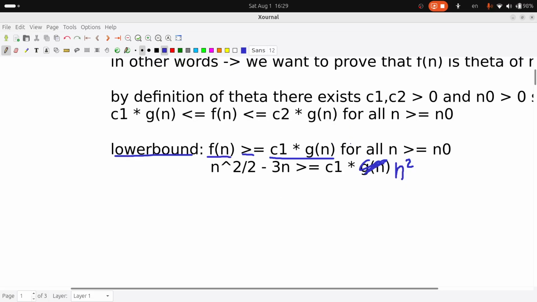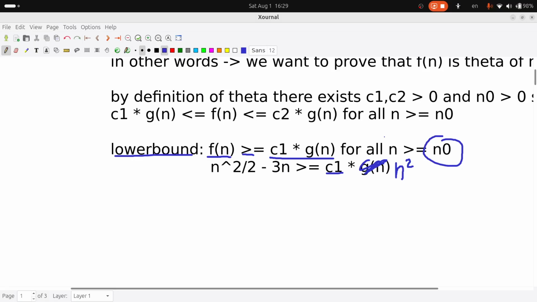So how can we select some constant c1 and n0 so that this inequality will be true? We have to find constant c1 and n0. That is our goal.